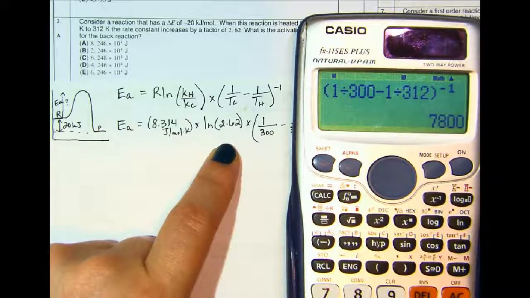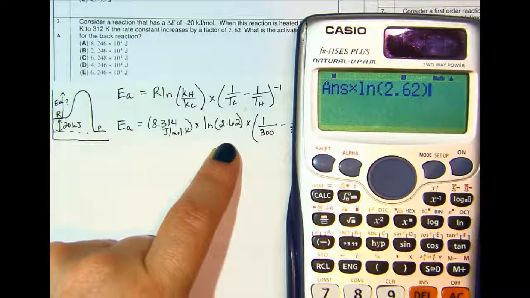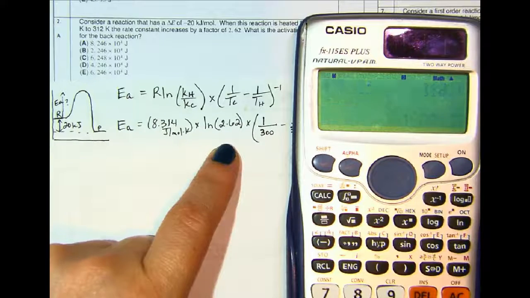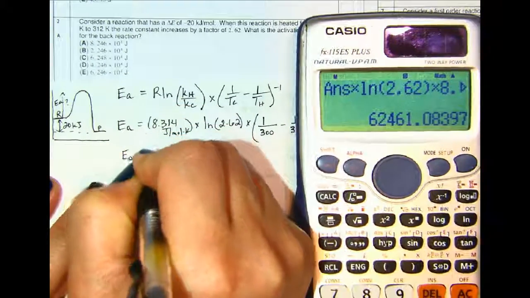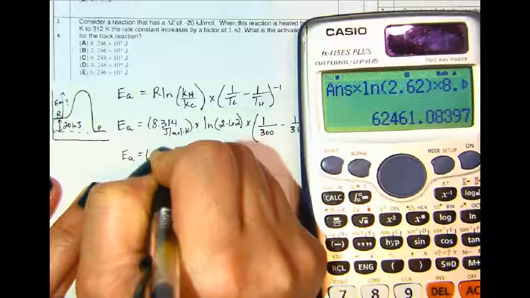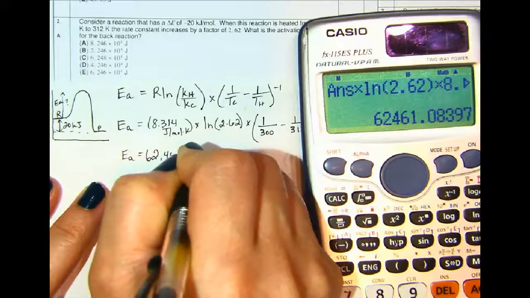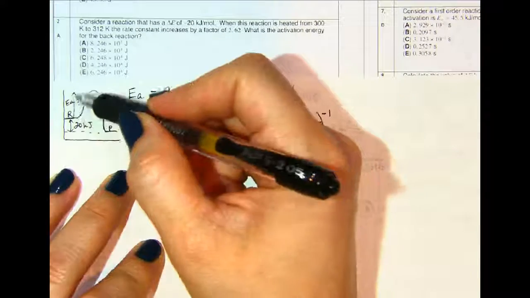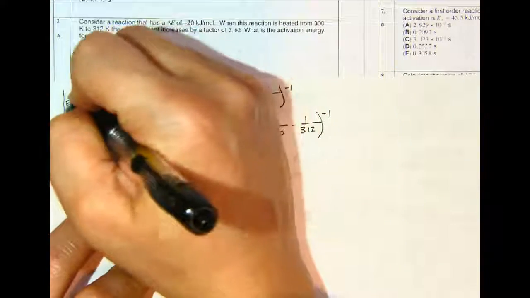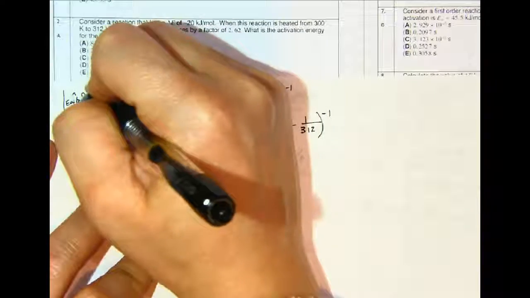Then I'll multiply times the natural log of 2.62, make sure you close that parenthesis, times 8.314, and that's going to give me a value of 62,461. Remember, that's in joules. This tells me the activation energy of the forward reaction is 62.46 kilojoules.